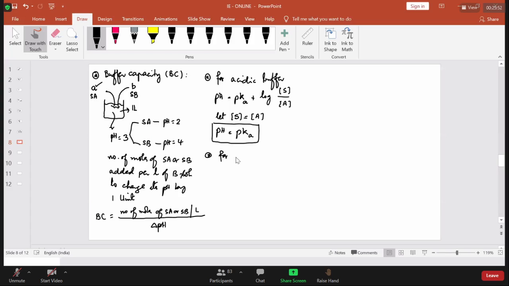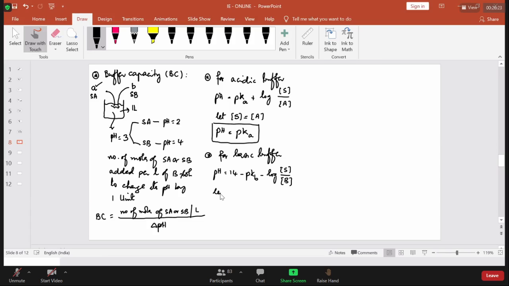Similarly, for a basic buffer, pOH is equal to pKb plus log of concentration of salt by base, right? No, sir, we are genius students, why are you repeating a number of times? pH is equal to 14 minus pKb minus log of concentration of salt by base.